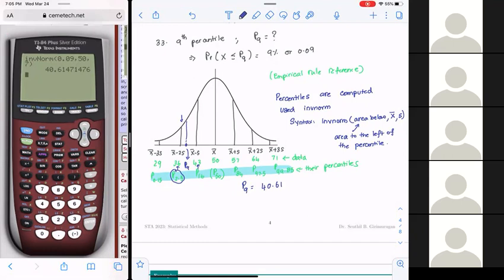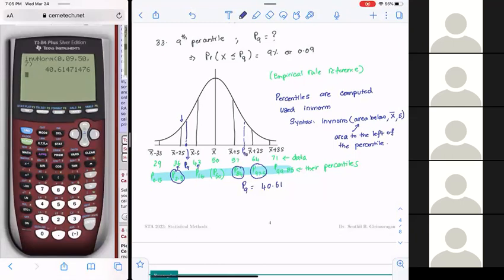In a similar manner, we can find P90. So P90 has to lie somewhere over here, because P84 is there and P95 is there. P90 has to be somewhere between those two values.